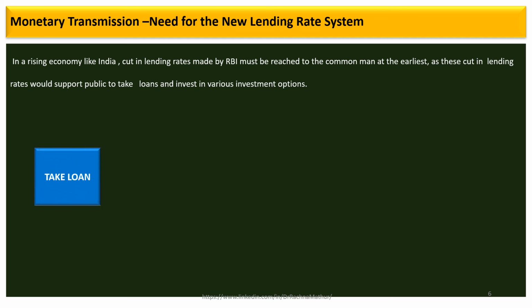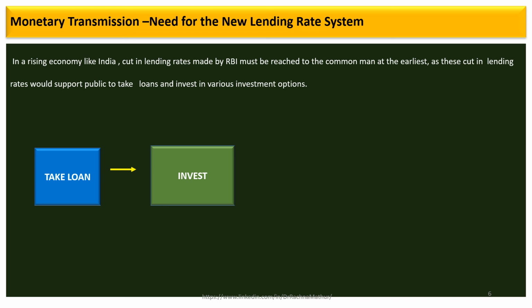If the public gets loans at a reasonable rate, they will use that loan for investment. They will buy homes, they will start a business, and they will have new investment opportunities.